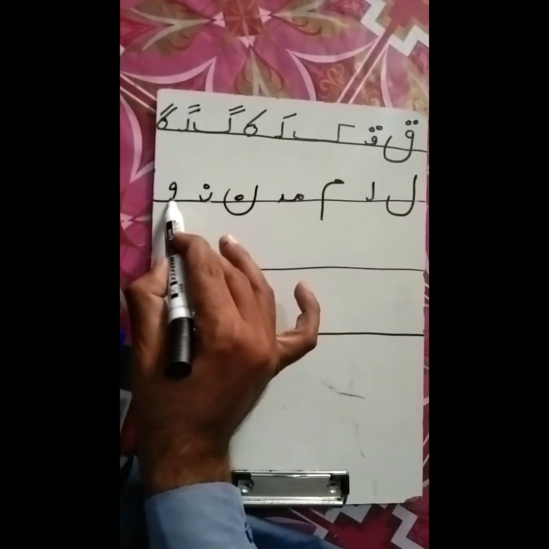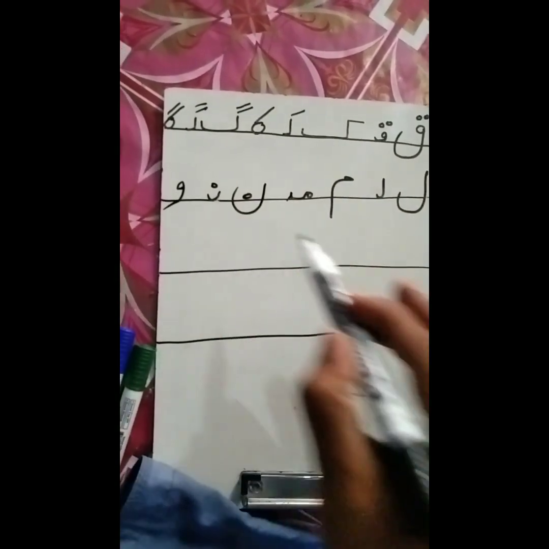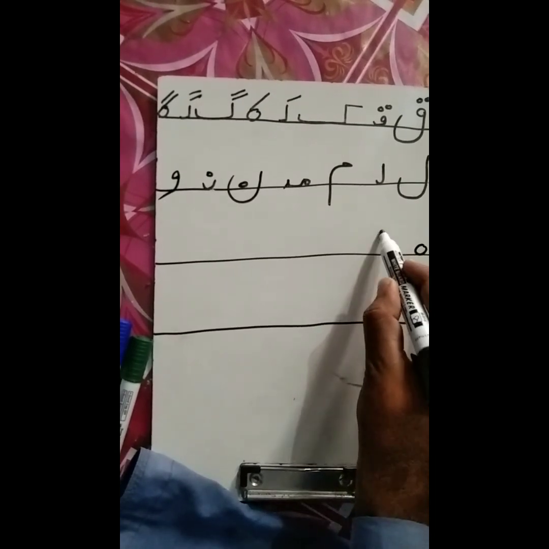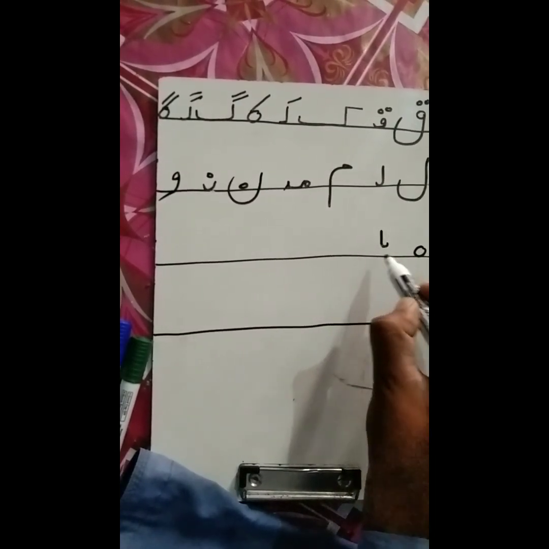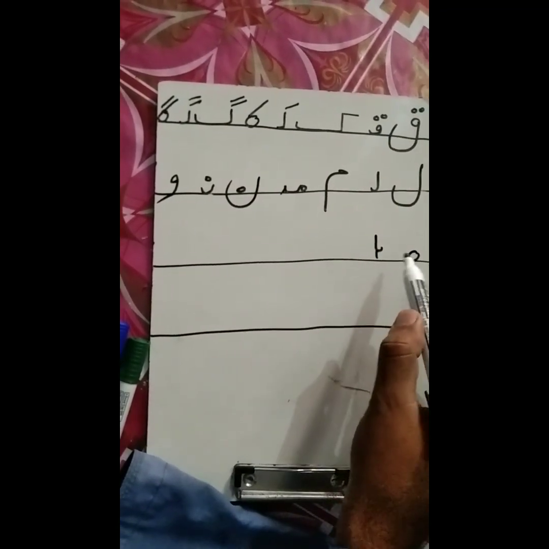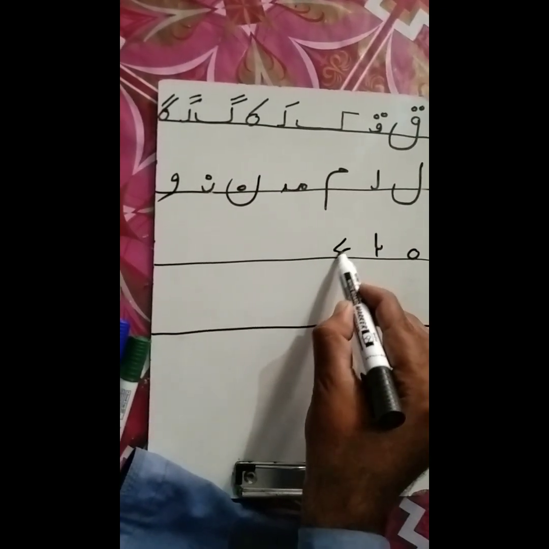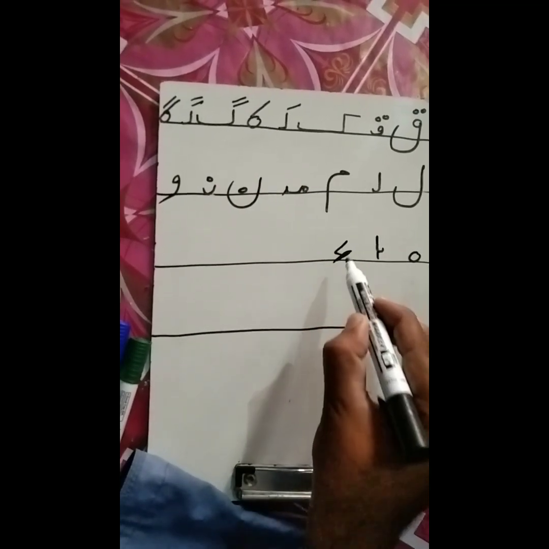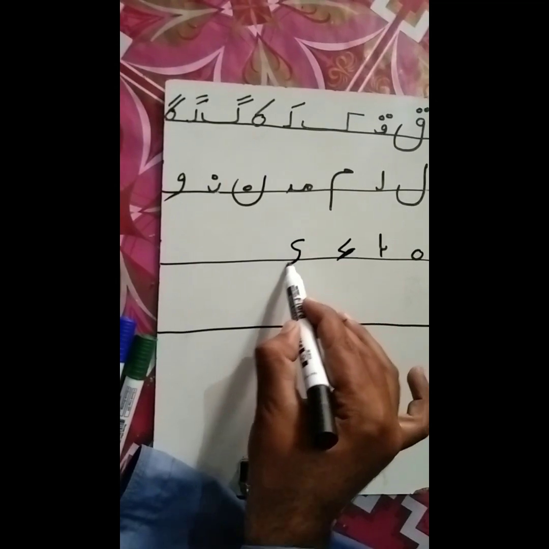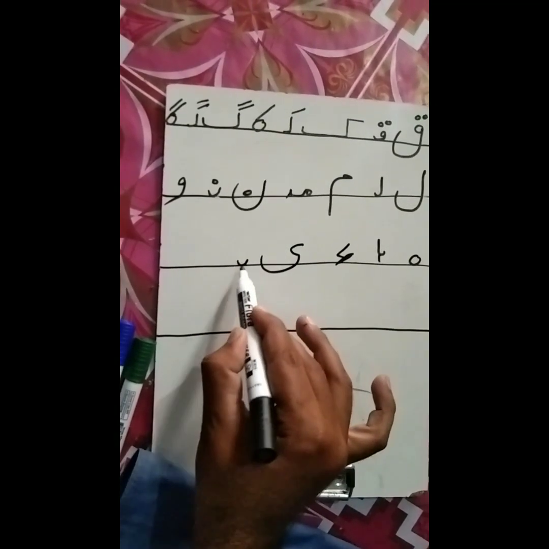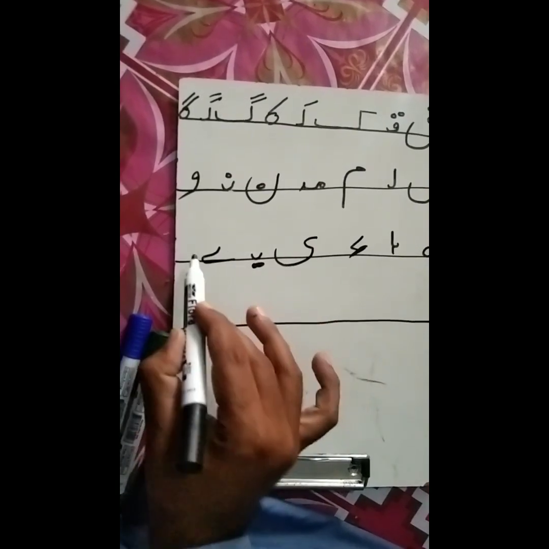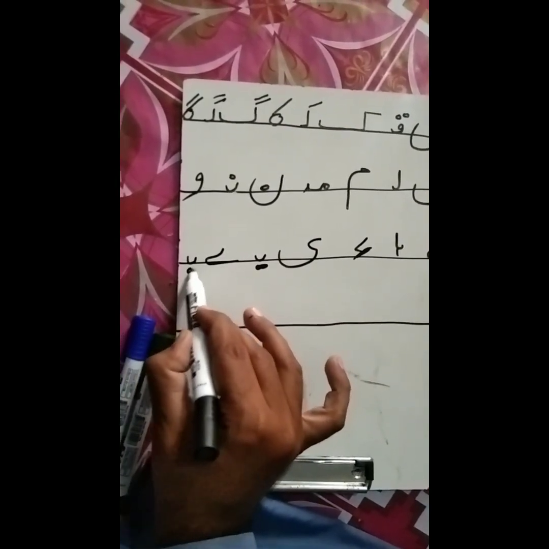Vao has no half shape. He has a half shape like this. Hamza doesn't have a half shape. Ye, whose half shape is like this, and Badi Ye, and its half shape is like this.